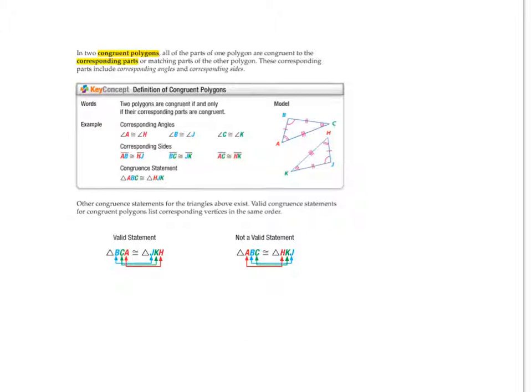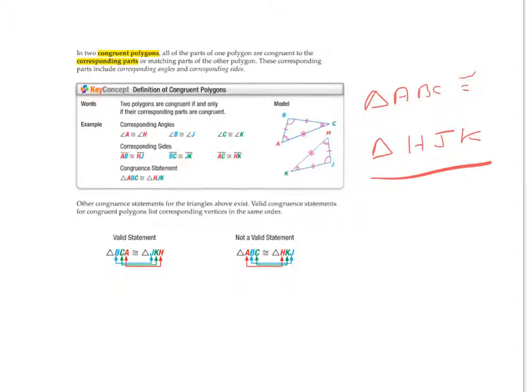So when we write these triangles, you must write down in order. Triangle ABC is congruent to triangle, I'm going to write it down below here so we can see what is corresponding to A. Well, that will be H. What corresponds to B, that is J, and what corresponds to C, that would be K. So triangle ABC is congruent to triangle HJK.